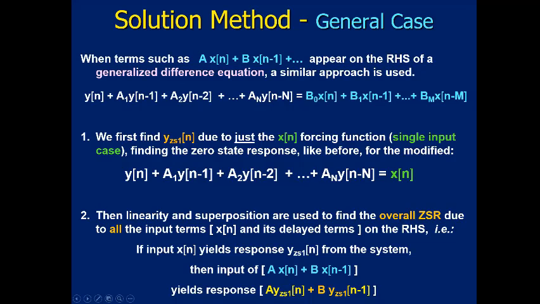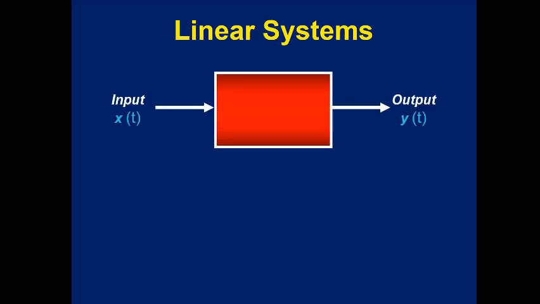I'm going to do everything to the zero state response from the single input case that the equation tells me to do to x sub n, to find the zero state response of the general case.